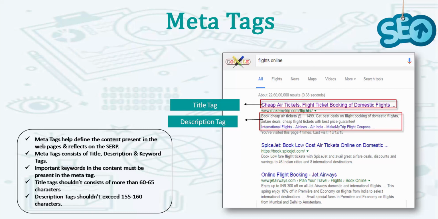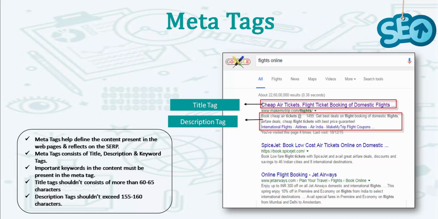You must ensure whenever you are implementing a meta tag on a page that all important keywords that you want this page to appear for in Google search results are included in the first 65 characters with spaces in the title tag and within the first 155 to 160 characters in the description tag.